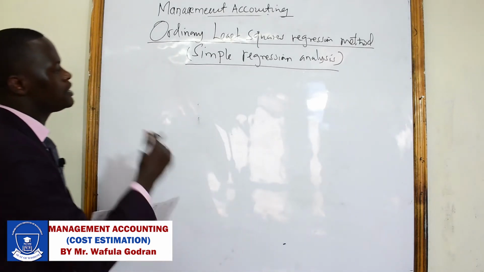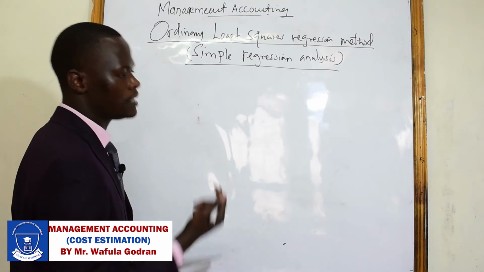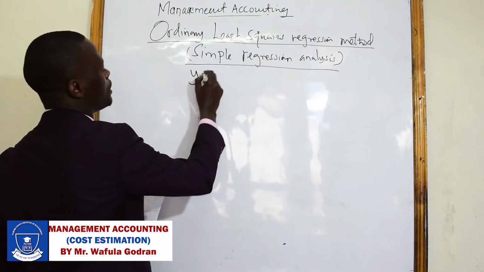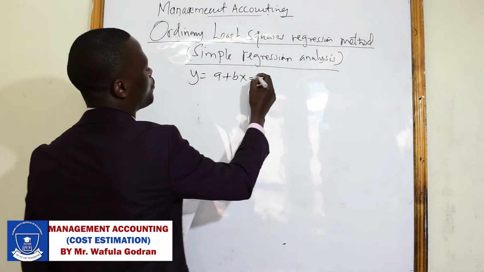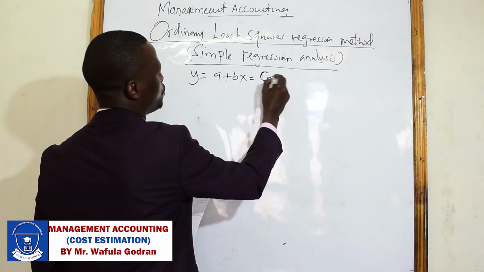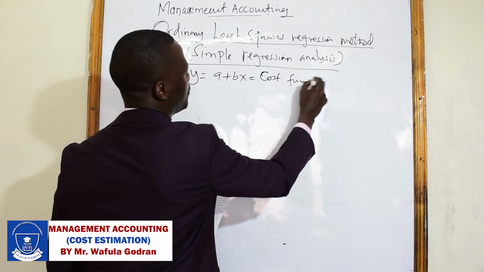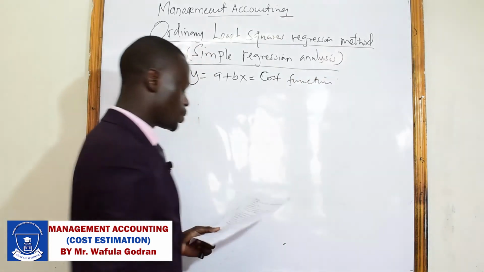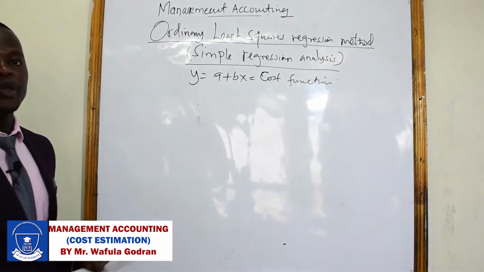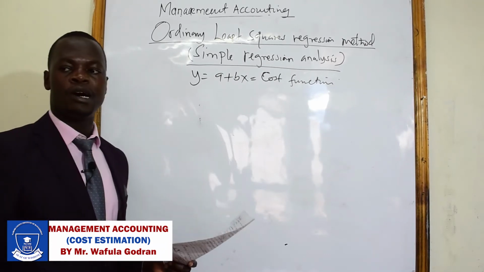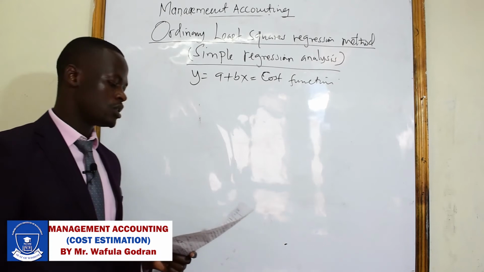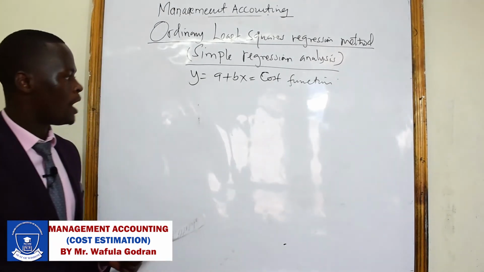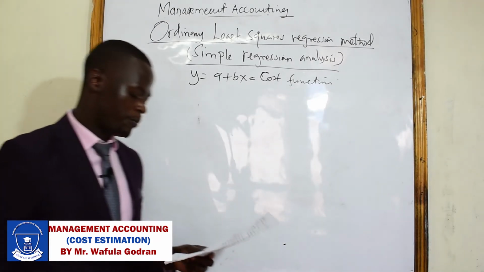Once we establish the relationship exists in this data, we put it in the form of a plus bx, and this is what we have called before a cost function. Once we have established that, we use the cost function to do our forecasting and prediction.